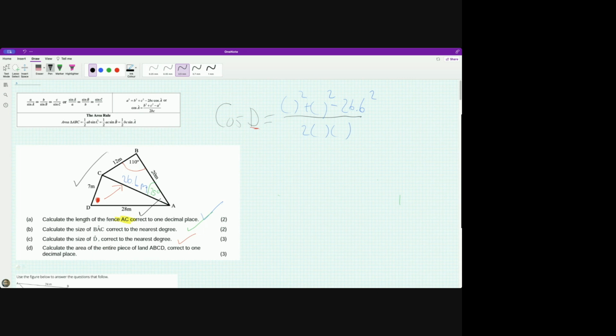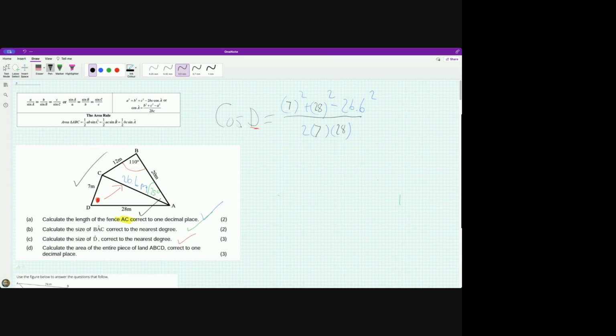I'm curious to know what angle you get for D. What are people getting for D? So my 7 goes here, my 28 goes there.